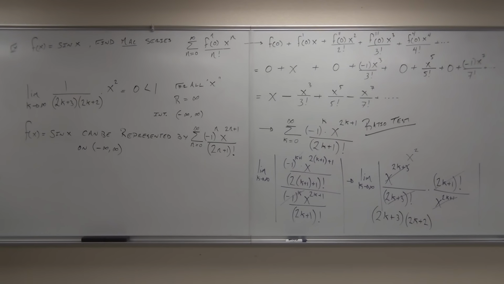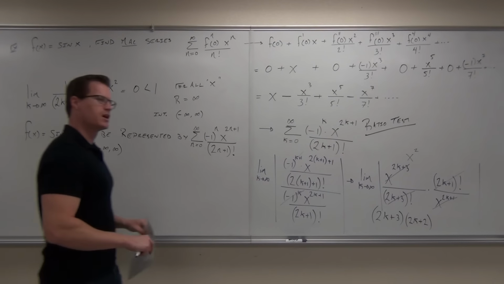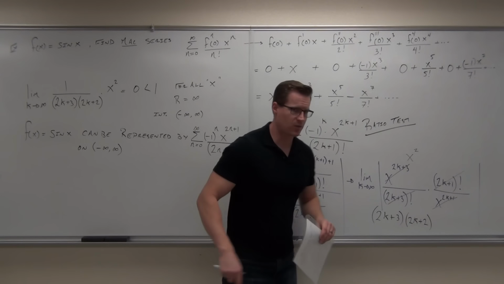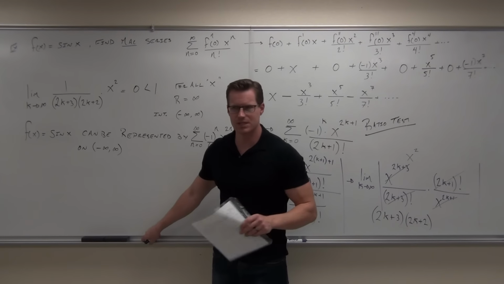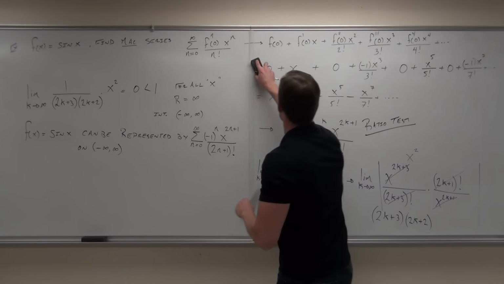This is interesting. Remember me telling you something about how we can take derivatives and integrals of power series? Remember doing that? We did it in the very end of our last section.